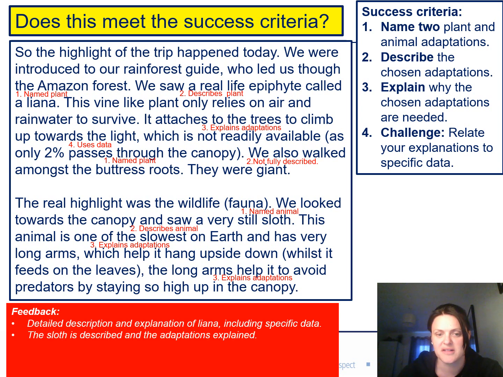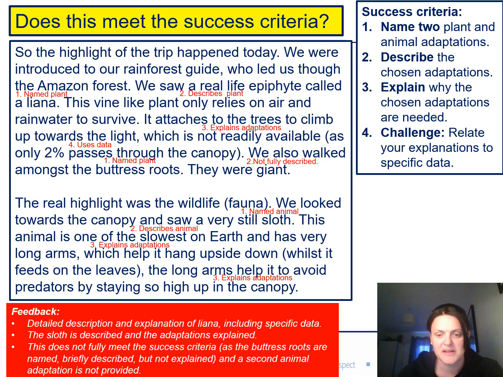The sloth is described and the adaptations were explained, but it doesn't fully meet the success criteria, as the buttress roots are named briefly, and they're briefly described, but they weren't explained, and the second animal adaptation is not provided. So they didn't meet the success criteria.